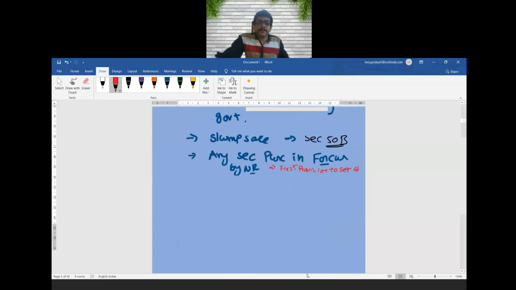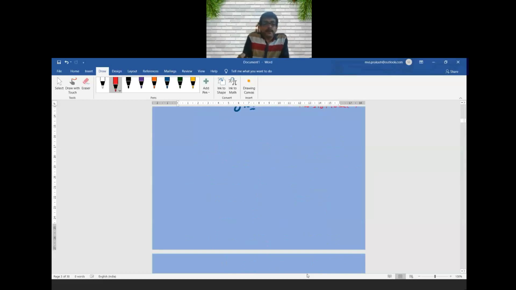Then the next point we need to consider here is foreign institutional investors.